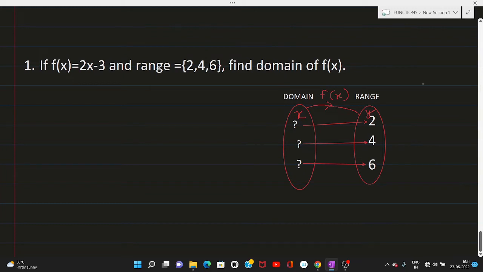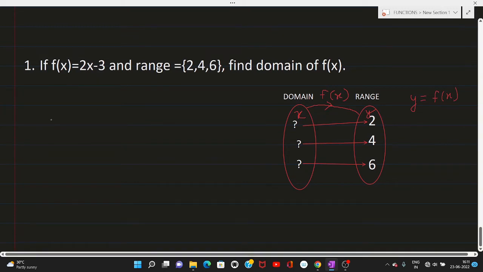Remember one more thing, the range y is also written as f of x, that is y is equal to f of x.